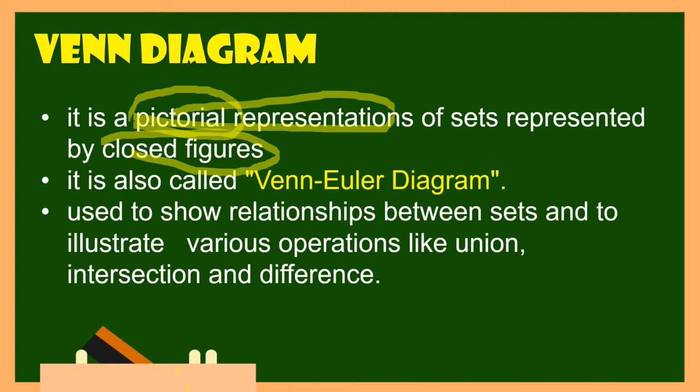It is also used to show relationships between sets and to illustrate various operations like union, intersection, and difference, which is tackled on the previous lesson. But for this time, again, we're going to identify union, intersection, and difference with the use of Venn-Euler diagram.